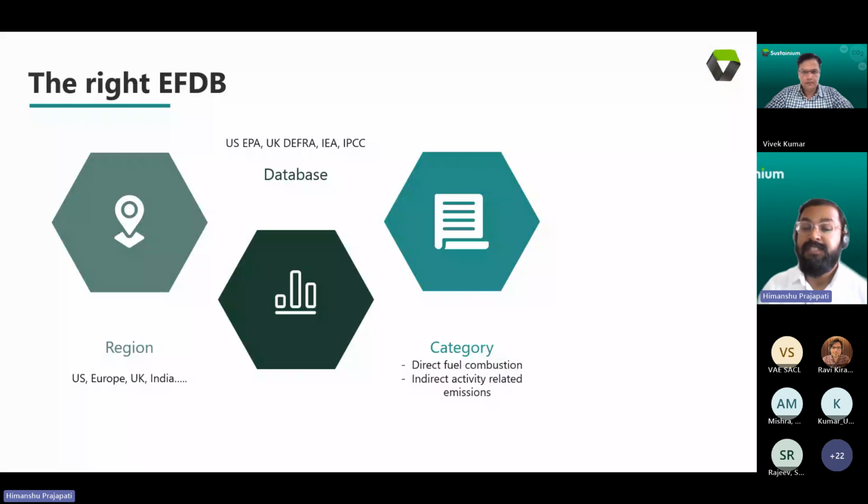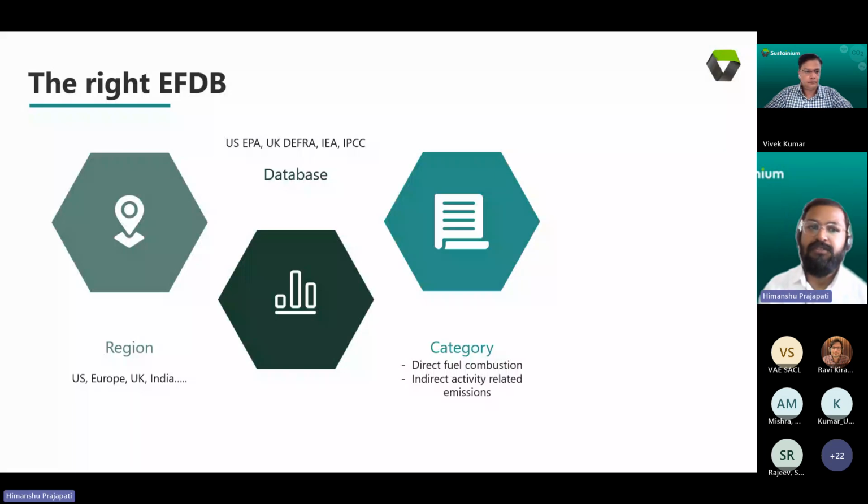For example, even for the same fuel, you're also accounting in scope 3, category 3, the fuel and energy related activities, wherein you're accounting for the refining process of the fuel as well as it being transported to the tank. So it is also called well to tank, which is one of the things that UK DEFRA releases, right? So it is important to know the right category and accordingly choose the right emission factor database. Like in this particular case, when I mentioned, you might use a combination of US EPA and UK DEFRA.